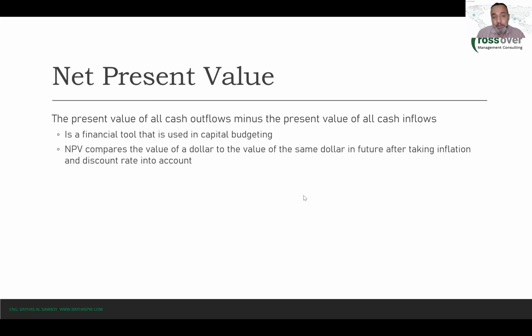So this is the net present value of the project. You don't have to know the formula or the specifics of how we calculate that. But again, the higher the NPV is, the better the project is. So we always select the project with the higher net present value. Does that make sense?